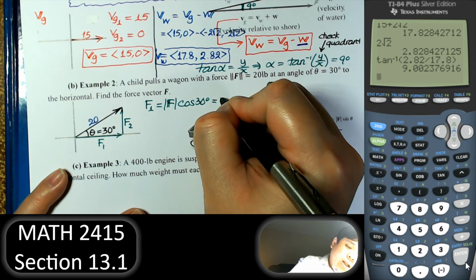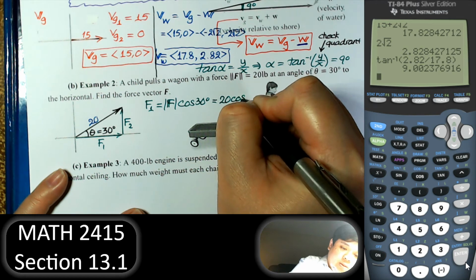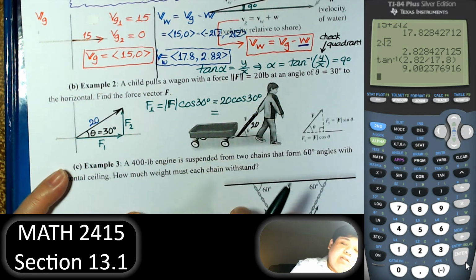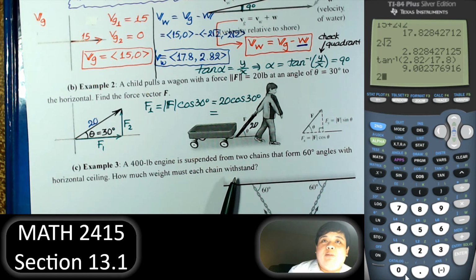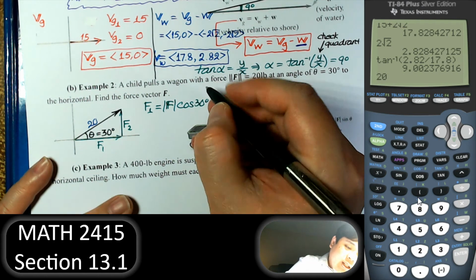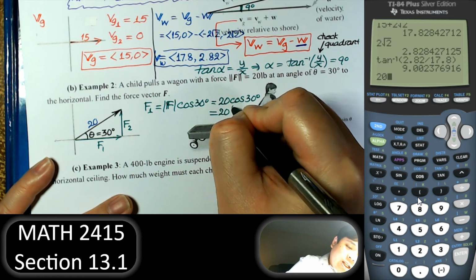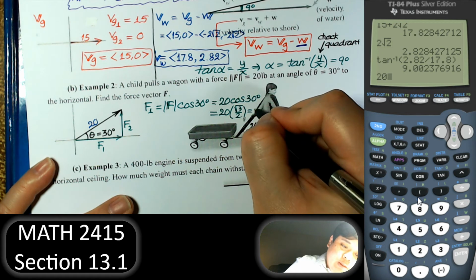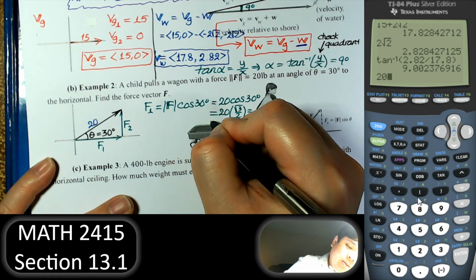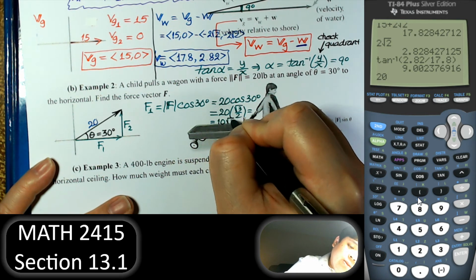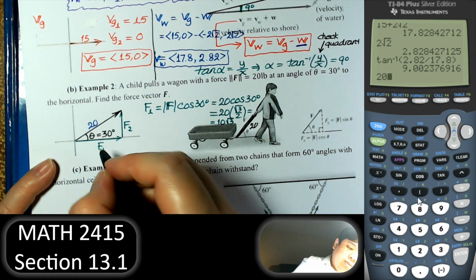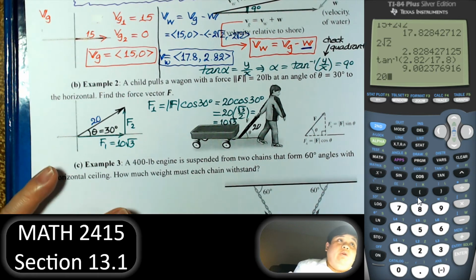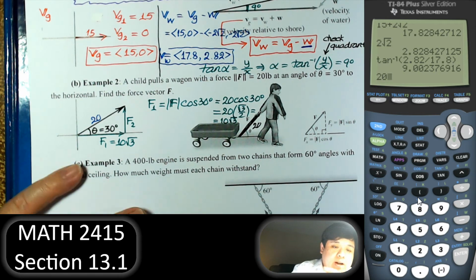So 20 cosine of 30. Cosine of 30 is square root of 3 over 2. Never mind the approximation, the exact values. So we have 10 square root of 3. That is F1, and because it points to the right, it's positive.